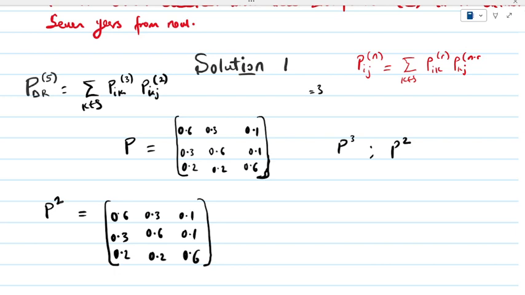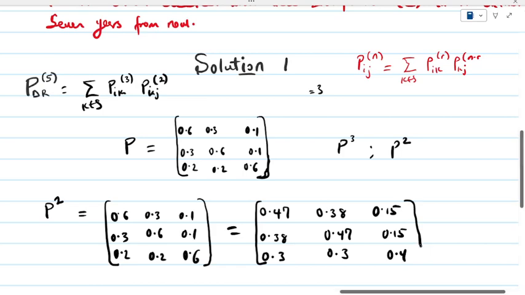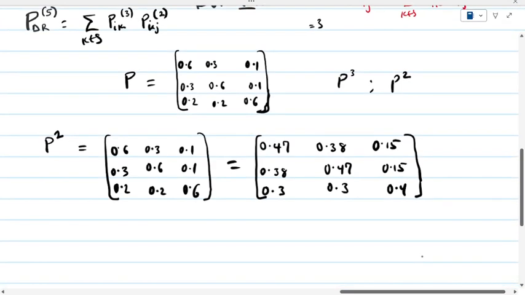The square of this now gives us 0.47, 0.38, 0.15; 0.38, 0.47, 0.15; and 0.3, 0.3, 0.4. Now I need P cube also.